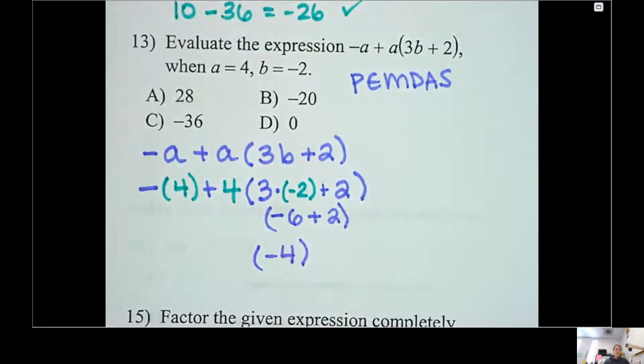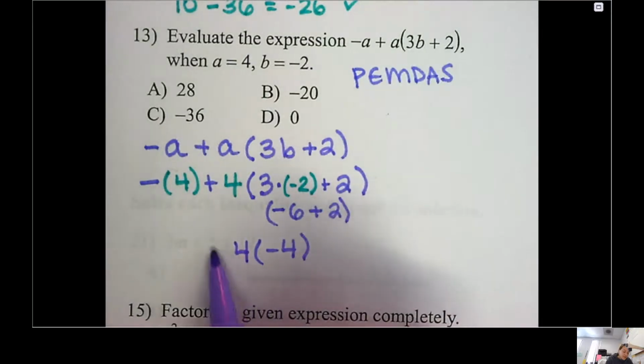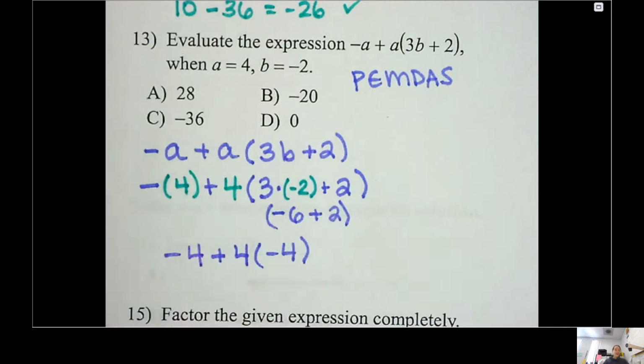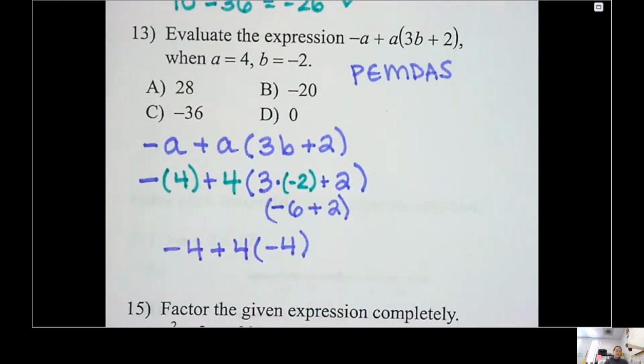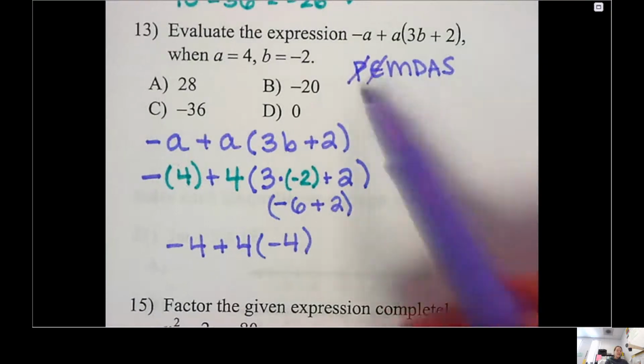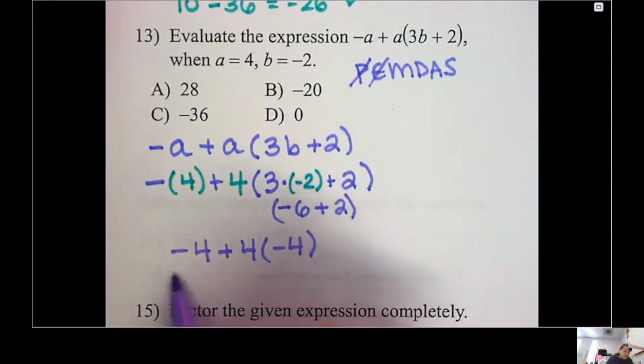Now I'm going to rewrite everything else. It's multiplied by a 4 right next to it plus a -4. Now it looks like this. So I did my parentheses. There are no exponents. My next thing is to multiply. So I have to multiply 4 times -4 first.